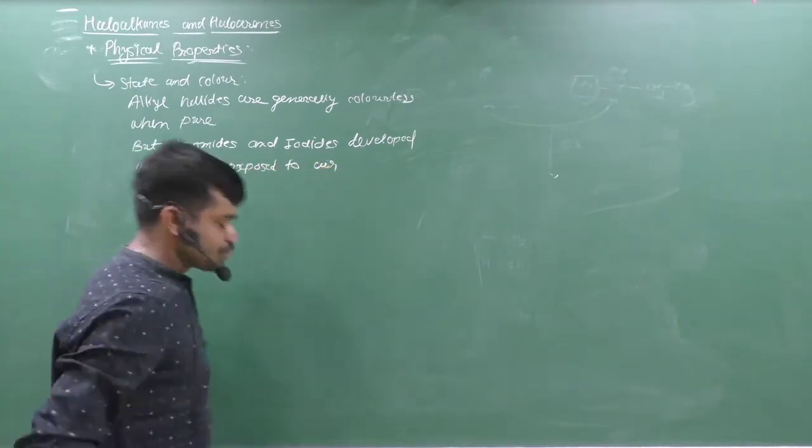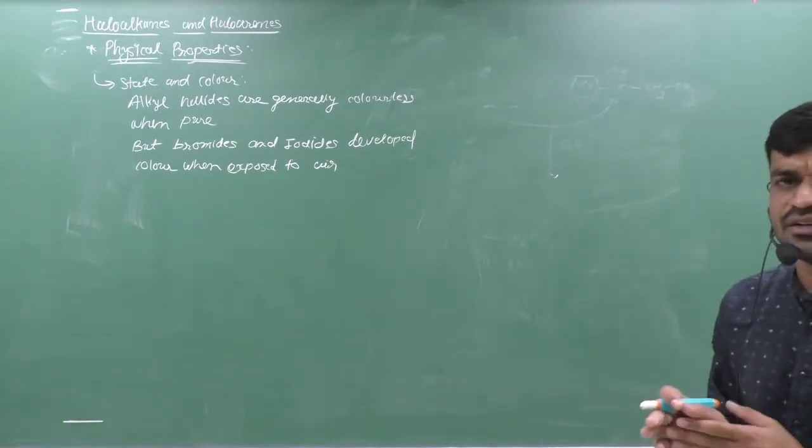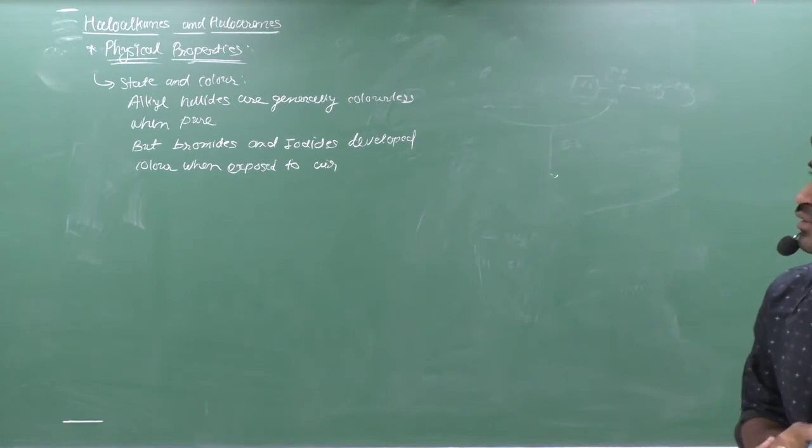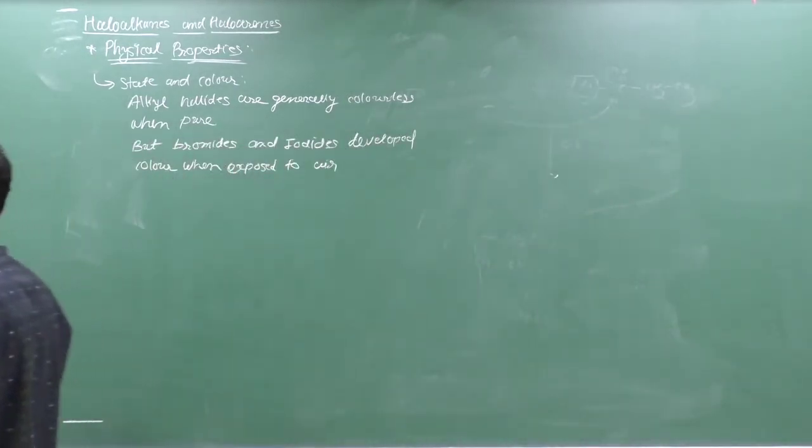Means all alkyl halides are colorless when in a pure state, but if bromides and iodides are exposed to air, they can develop color.